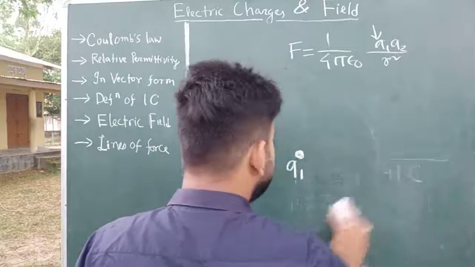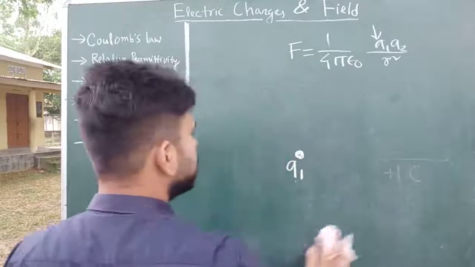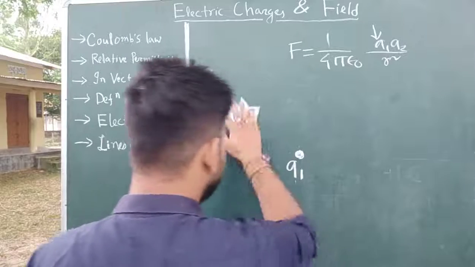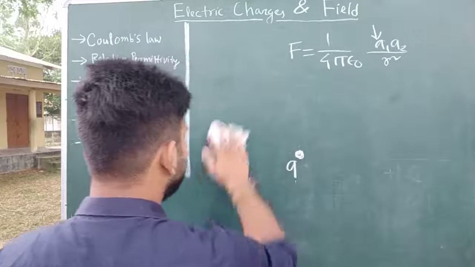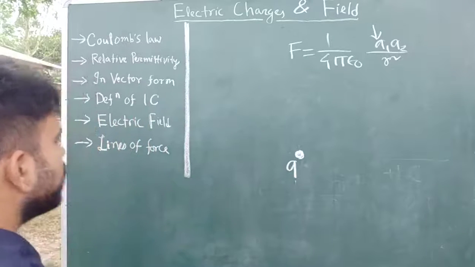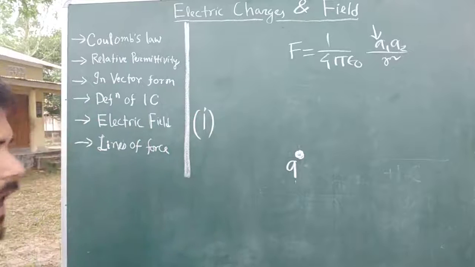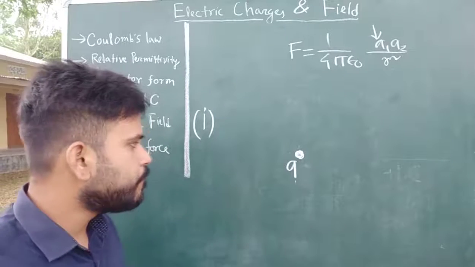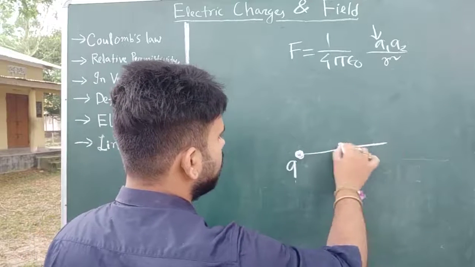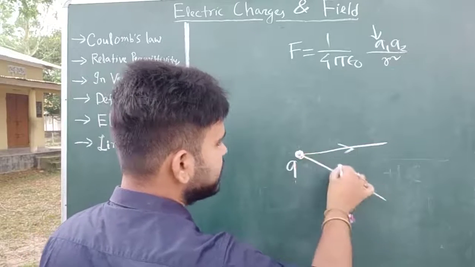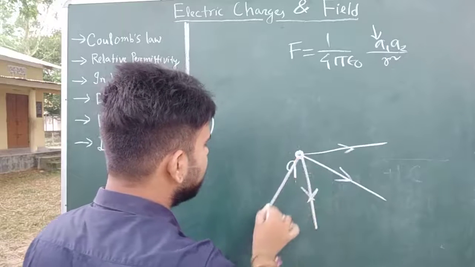What is basically lines of force? Lines of force basically denote the lines of influence or the lines of electric field.